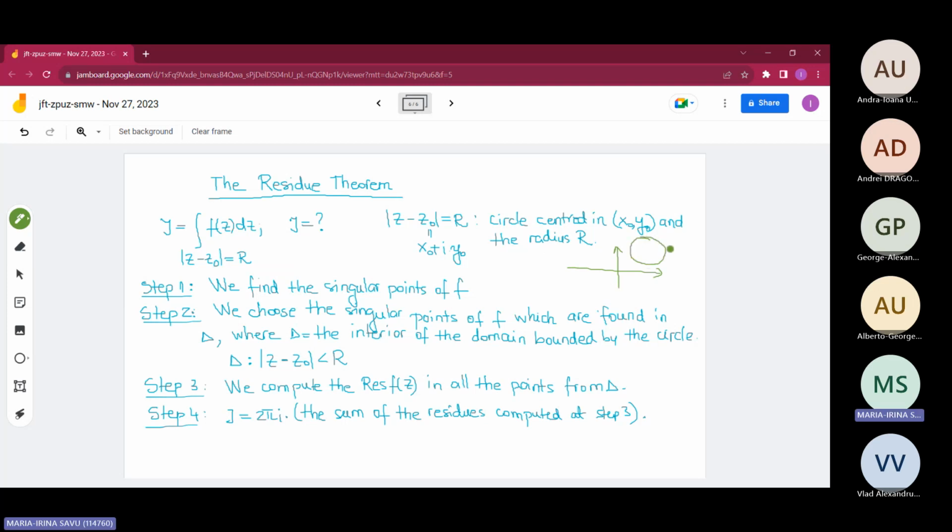If the circle has this equation, then the domain delta will be actually the interior of the circle. So delta is this one, and this green contour is the circle. So that's it.